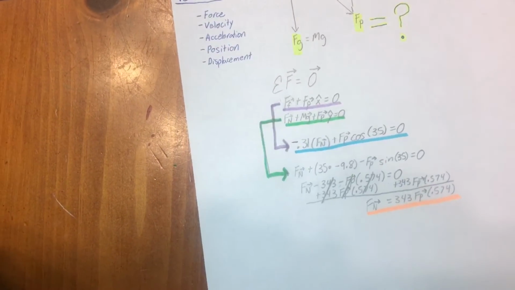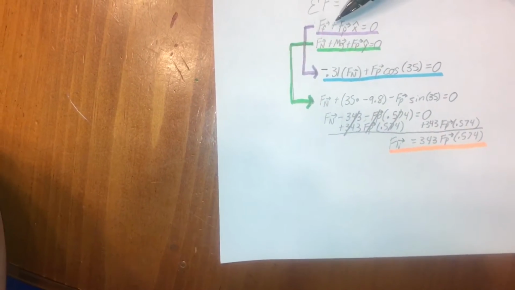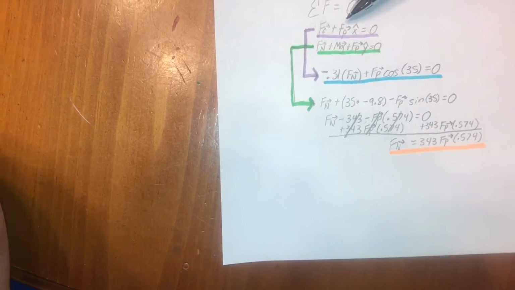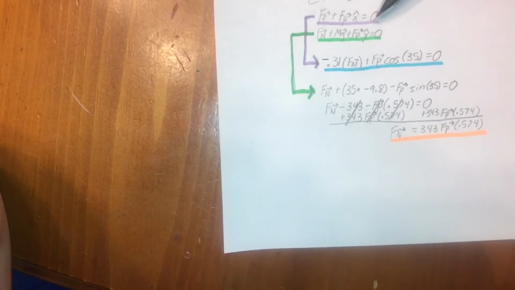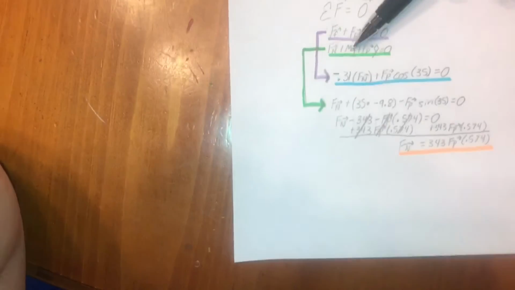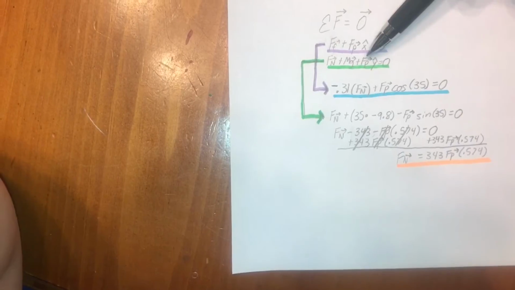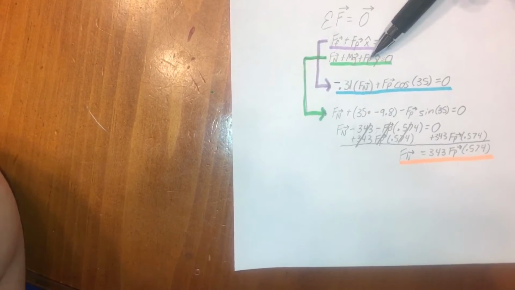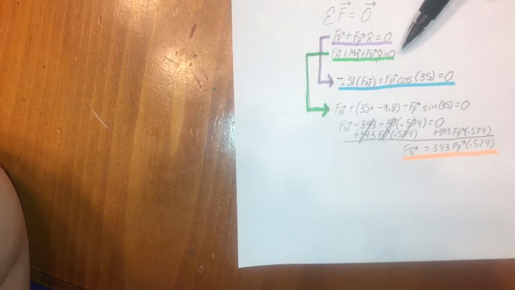So what I did was I put the sum of all the forces equals 0. So our frictional force plus our push force x hat equals 0, and our normal force plus the force of gravity plus the push force y hat equals 0.